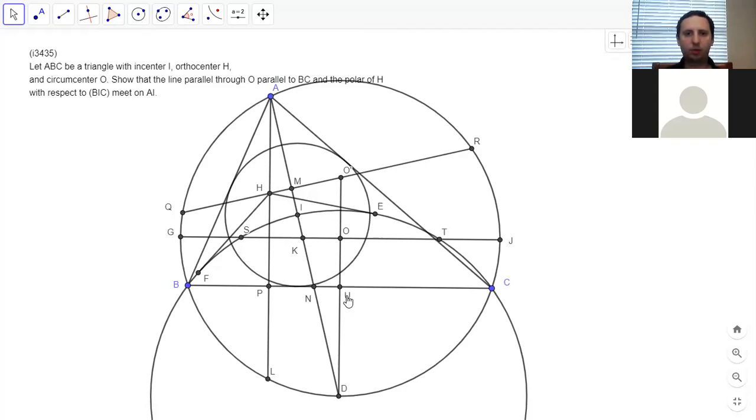So would that solve the problem if we showed HO prime is perpendicular to AD?